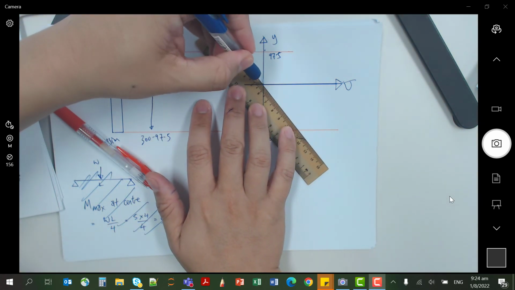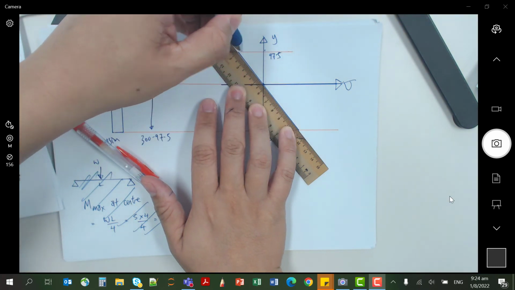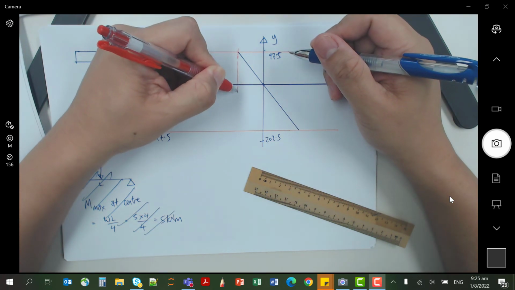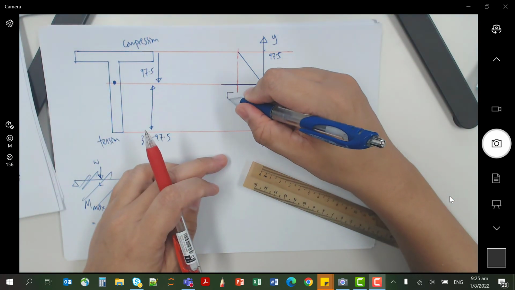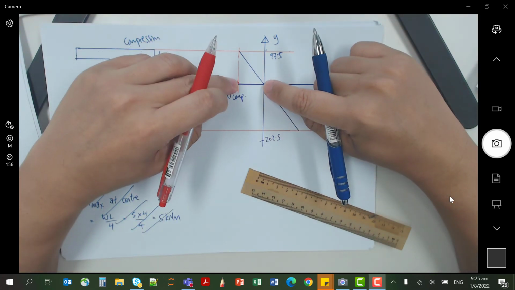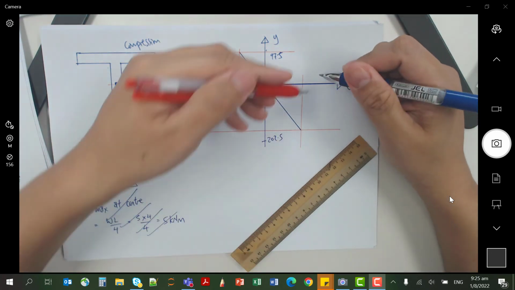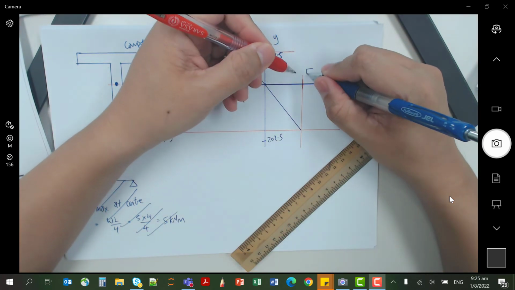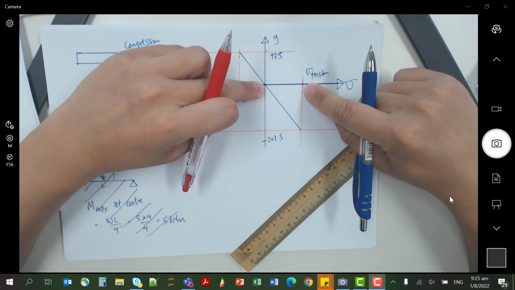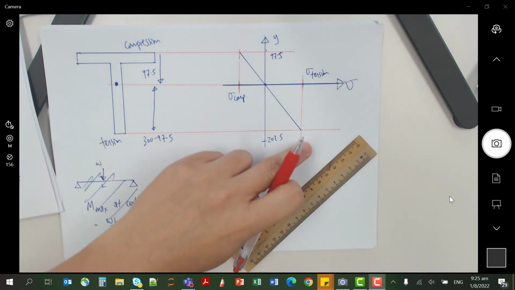It's always going to go through the origin, so I can just draw a line like this. This is my stress. This is the value of compression, which you're going to find out, and this value is the sigma tension existing at the base. So this is the line that you will draw.